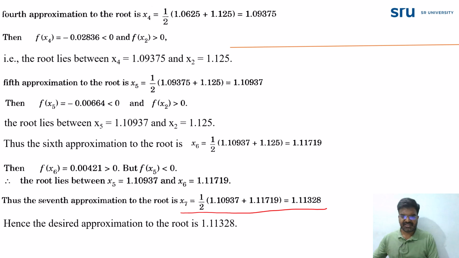See, at the 7th iteration, the approximate value of the root is 1.11328. This is the final answer because in the question it is already mentioned to find up to 7 iterations. So after the 7th iteration, you can stop the procedure and take the 7th iteration value as the final answer. So the root, not the exact root, the approximate value of the root of the given equation is 1.11328.